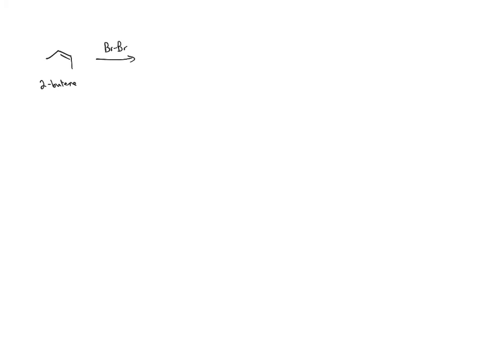We're going to treat it with bromine, and we know that we're going to form a bromonium ion, so we can have this set of arrows. We form a bromonium ion, and then of course we trap with bromide anion to give us the trans dibromide.